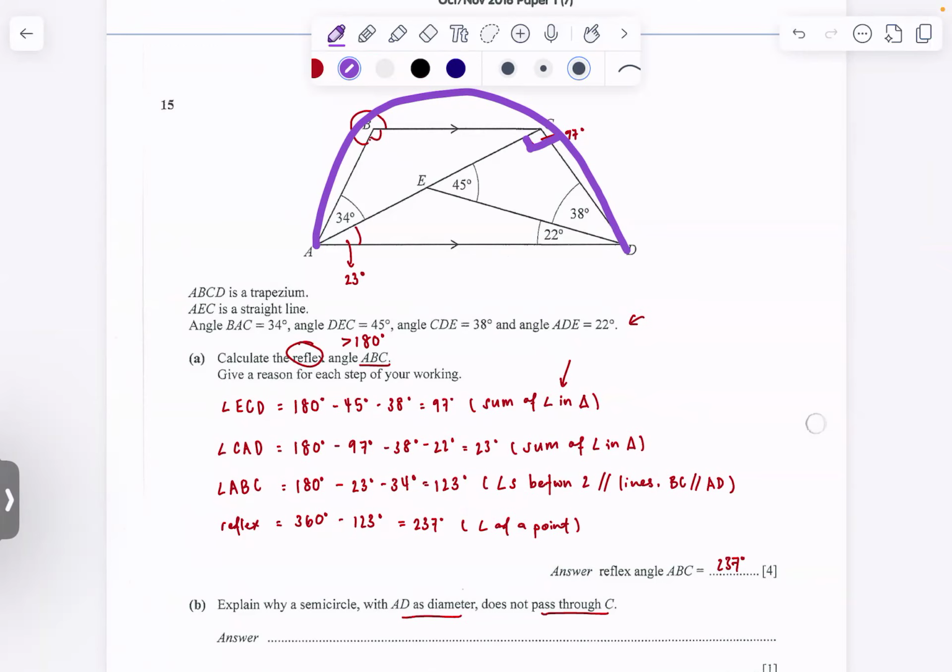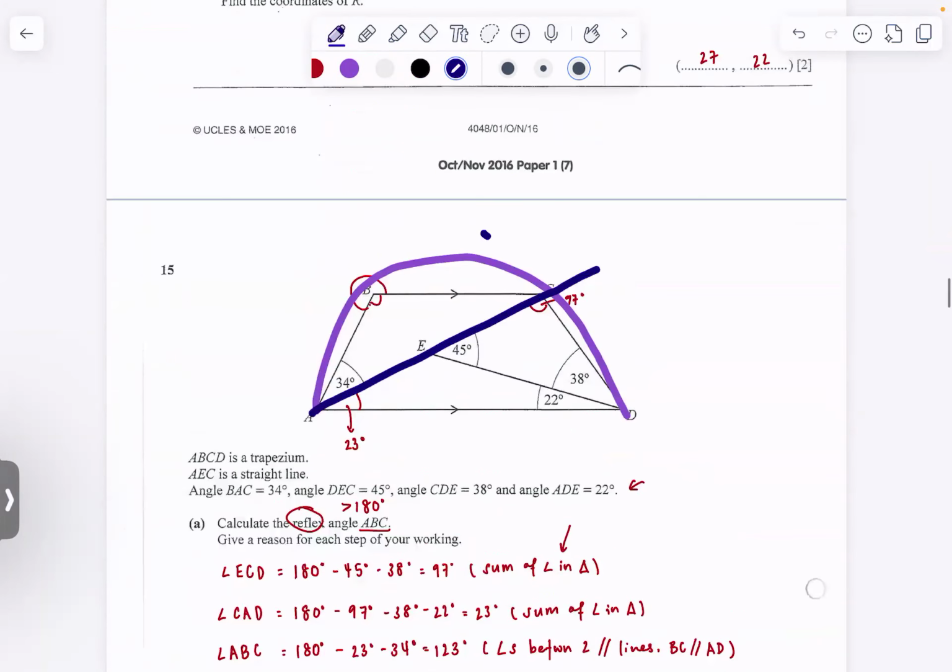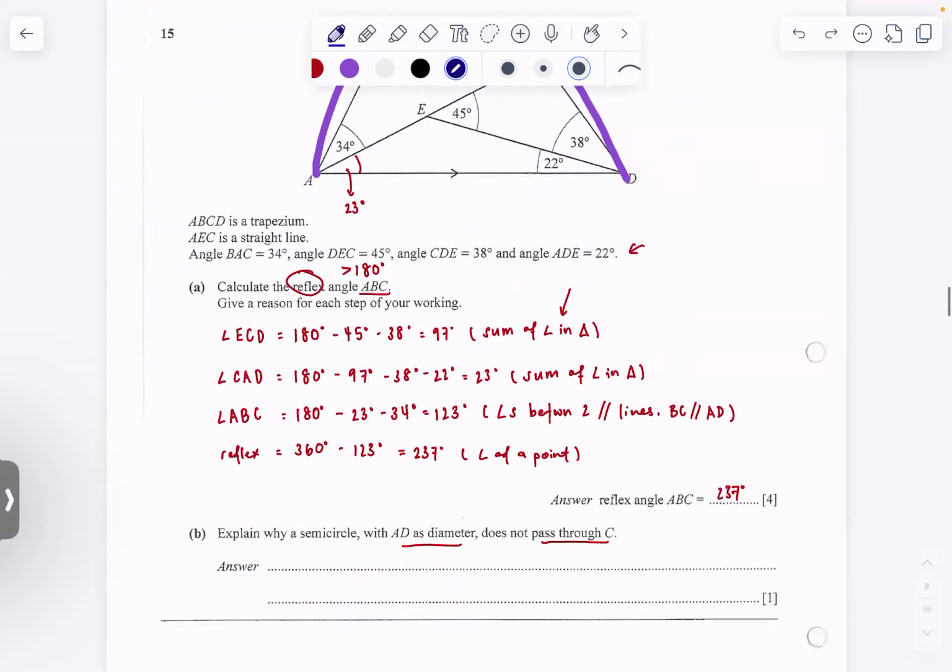Because imagine you draw one hypothetical line that cuts right through here, and then you draw one other line across. You know that, okay, this is not the most accurate, but you know that this angle right here is a 90 degrees angle, correct? But in this case, what is the angle? 97. So it is not 90, right?